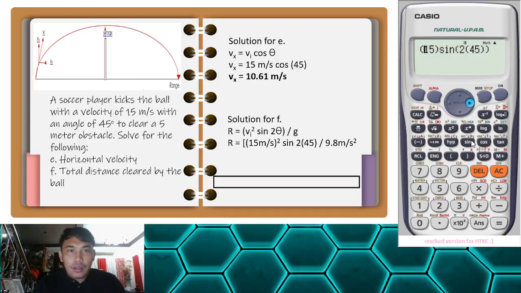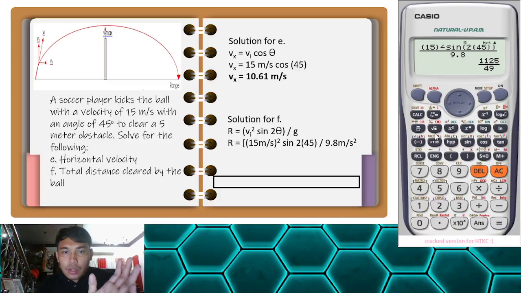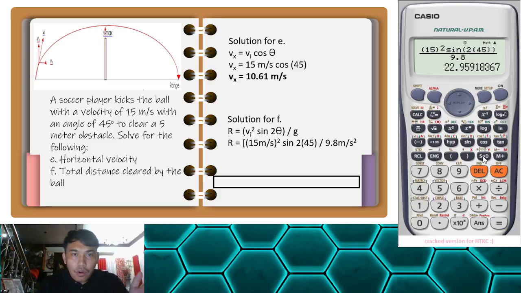Oh wait, there is a square in our initial velocity, all over 9.8. Let's solve for the range, which is 22.96. Will it be 22.96?